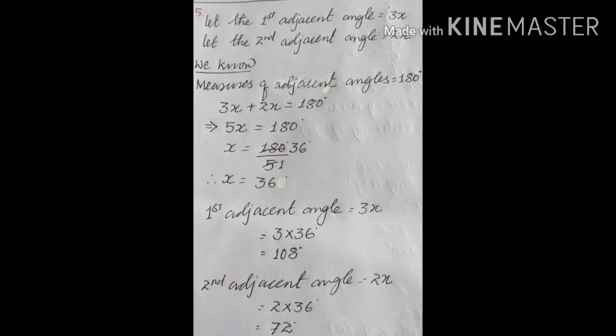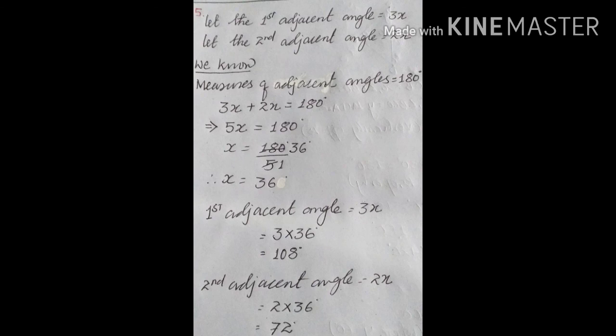Now we have to find out the first and the second adjacent angle. So the first adjacent angle equals 3x, isn't it? In place of x we have to put the value 36. So here 3 into 36 equals 108 degrees. That means the first adjacent angle is 108 degrees. Similarly, the second adjacent angle is 2x.